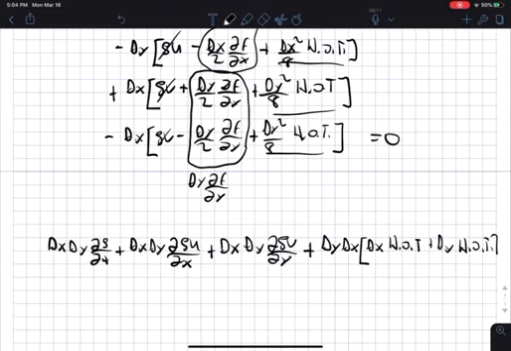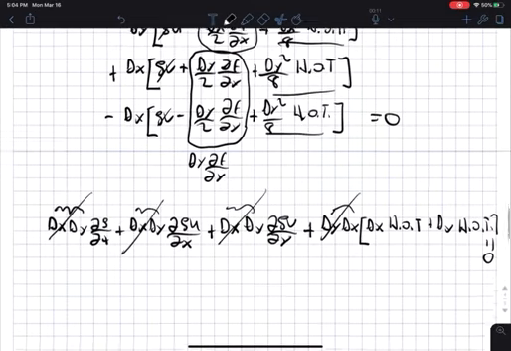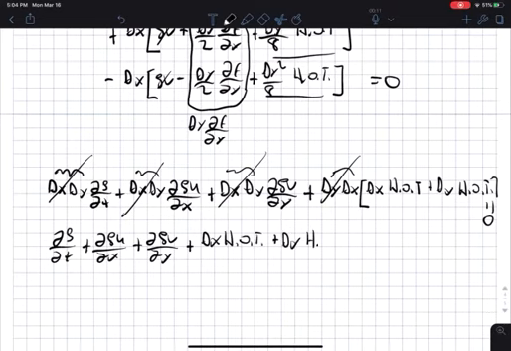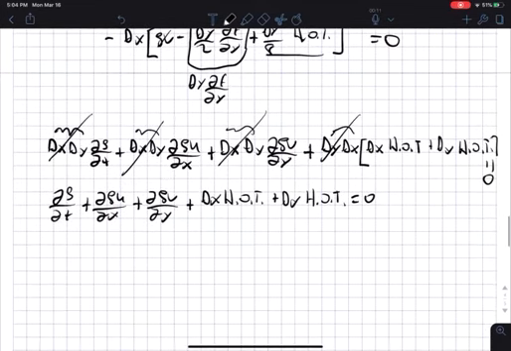And this whole thing is equal to 0. Since this whole thing is equal to 0, and every single term is multiplied by the same delta x, delta y, I can just drop these out. And so we are left with partial rho, partial t, plus partial rho u, partial x, plus partial rho v, partial y, plus delta x times some higher order terms, plus delta y times some higher order terms, and that's equal to 0. So now, we have not invoked our assumption that the control volume is infinitesimal in size.